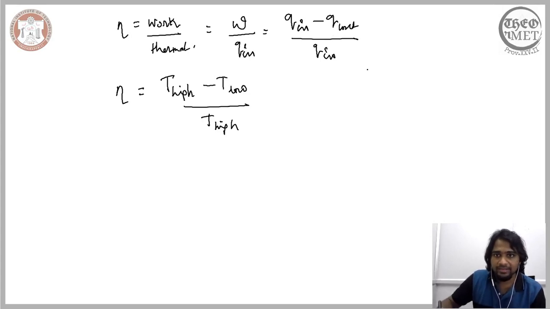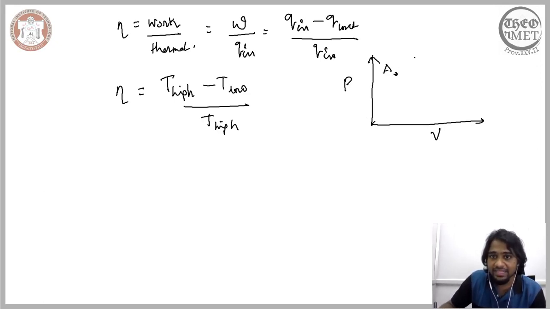For our recollection, let me revisit our Carnot cycle. What you have are the fundamental thermodynamic variables involved, and you start with a point A, and there is a heat transfer QIN that allows the system to move from state A to state B. This transfer of heat is due to a high temperature reservoir that is in contact with the system.